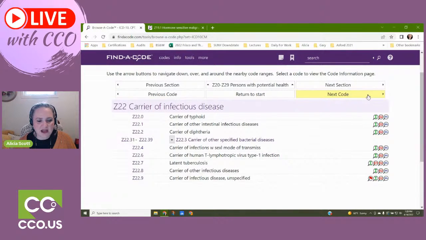Carrier of typhoid, intestinal diseases, diphtheria. Let's keep going. Now, these are carriers, not that you're exposed, you actually carry it. Latent tuberculosis, meaning you test positive for tuberculosis, but you don't have it. You're not sick with tuberculosis. Infectious diseases, other, is defined by the code set as we've identified it.